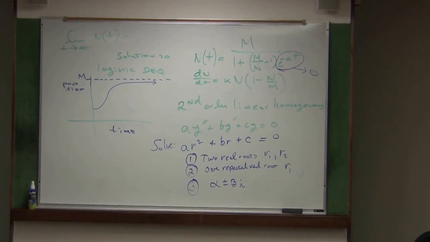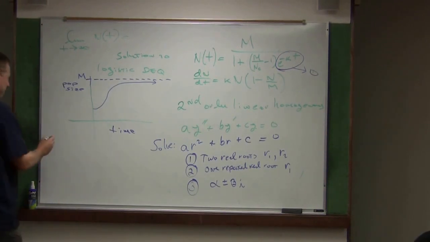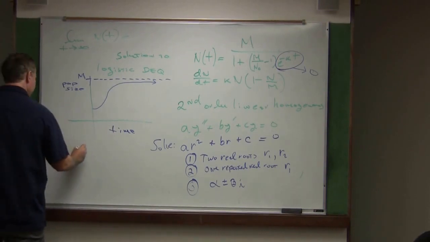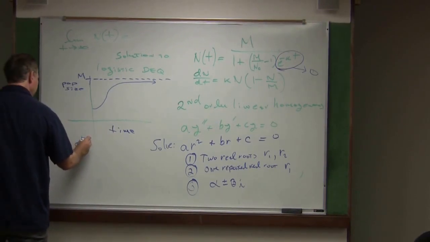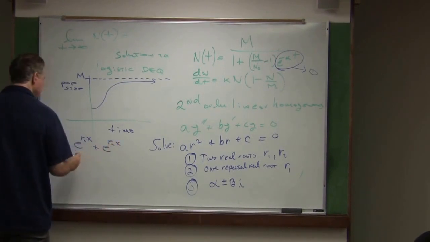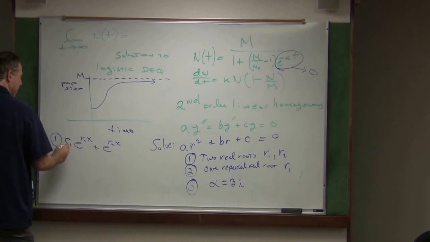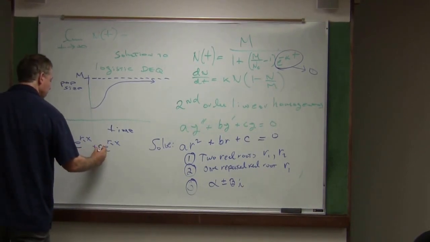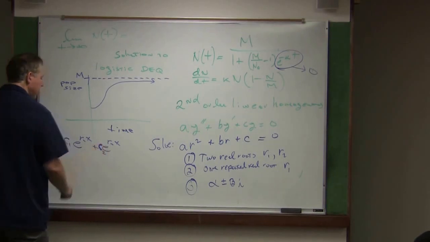For the first case, it's very easy. The answer is going to be c1 e to the r1 x plus c2 e to the r2 x, where you can have any constant c1 and any constant c2.